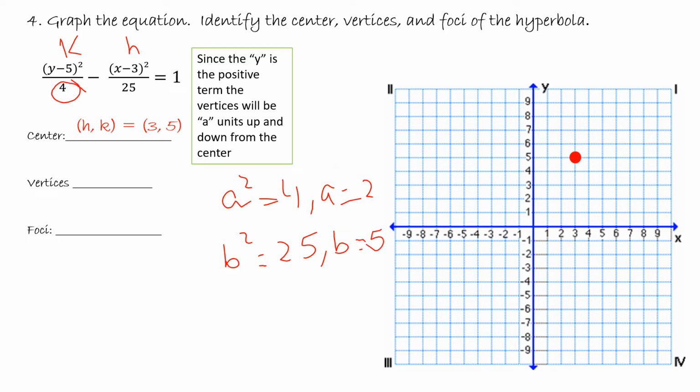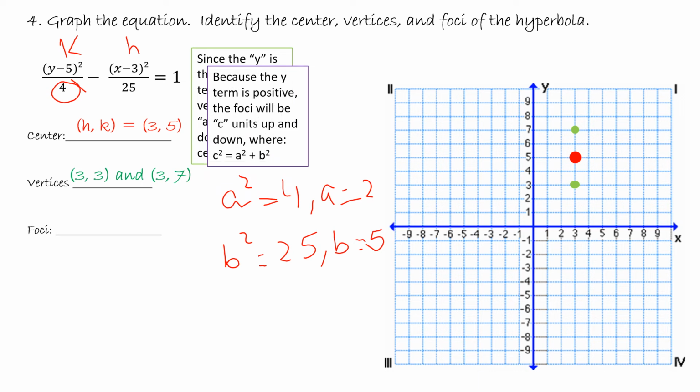So to find the vertices, go 2 units from the center up, 2 units down, and there you have the vertices. Next, to find the foci, you're going to use the equation c squared is equal to a squared plus b squared. Again, the foci are on the transverse axis, which in this case is vertical.